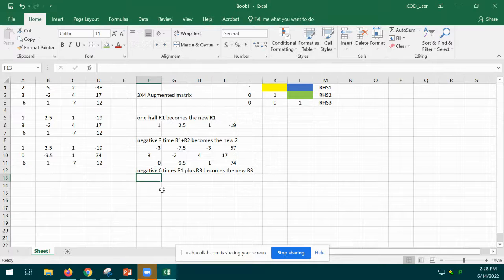Okay, and now I am going to do this. I will say equals, and this is going to be 6 times this guy to get that. But then I'm going to pull this over 3 more times. And I get those.